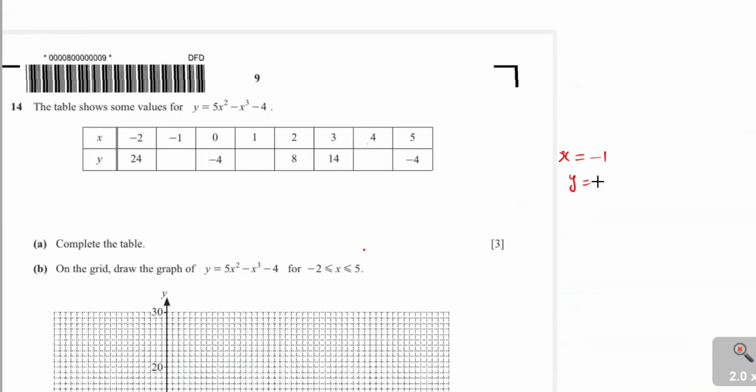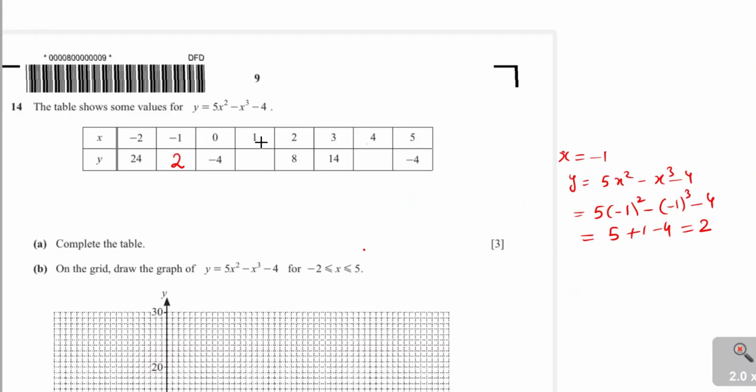Then y equal to 5x square minus x cube minus 4. This value becomes 5 into minus 1 square minus minus 1 cube minus 4. This is 5 minus minus 1 into minus 1, plus 1 minus 4. This is 2. We write when x equal to minus 1, y equal to 2.